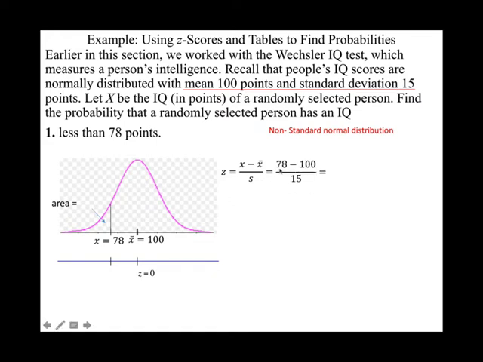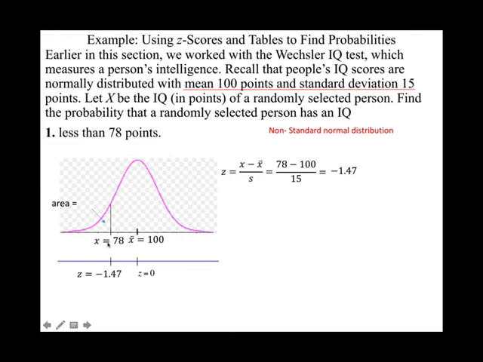Okay, x equal to 78 minus the mean, divided by the standard deviation. You should get negative 1.47. Okay, your z-score will be equal to negative 1.47.